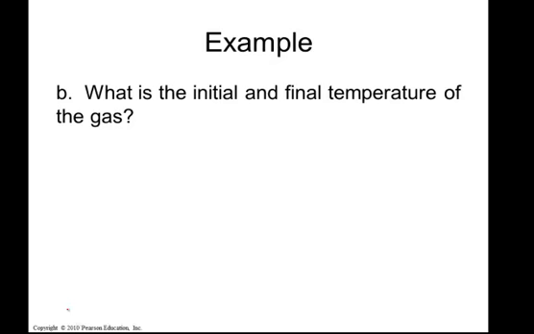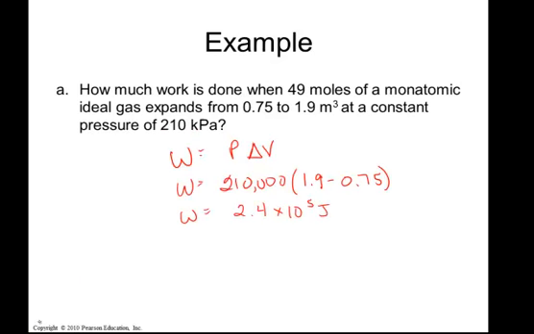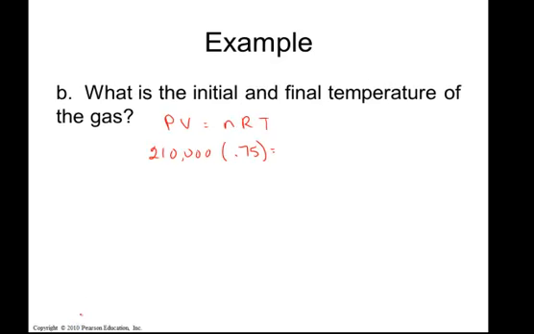Now part B says what is the initial and final temperature of the gas. So in this case I'm going to be using my ideal gas law. So the pressure that we had constant was 210,000. My initial volume was 0.75. n was 49 moles.